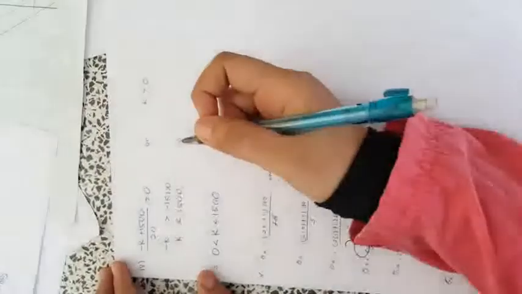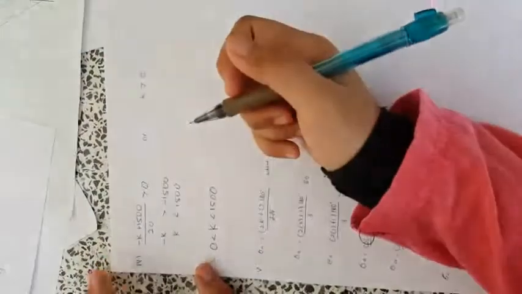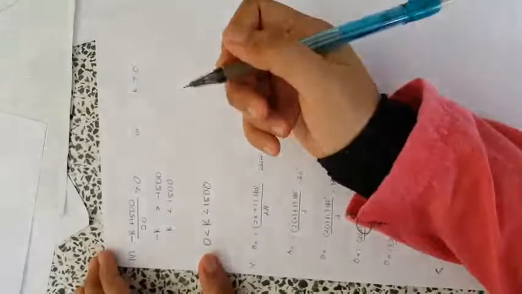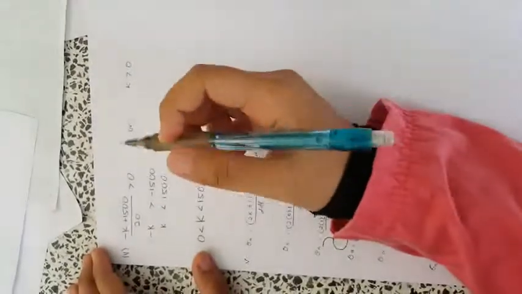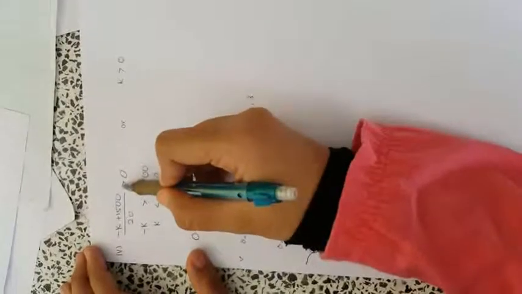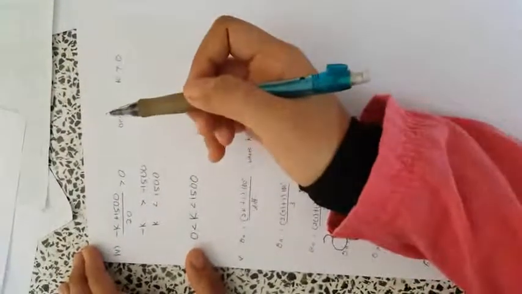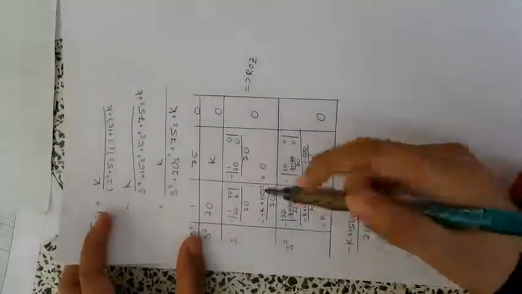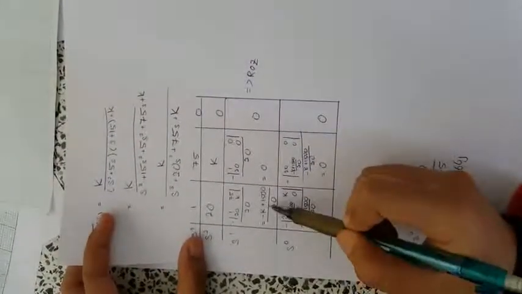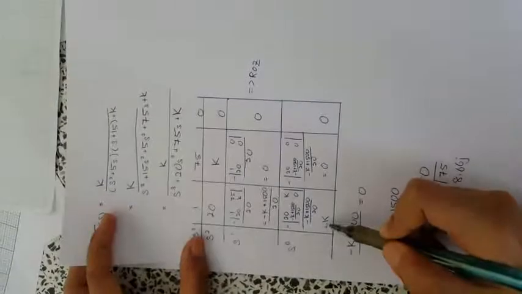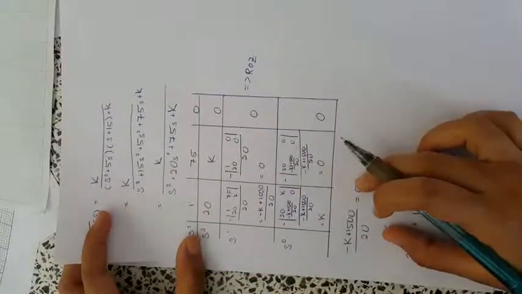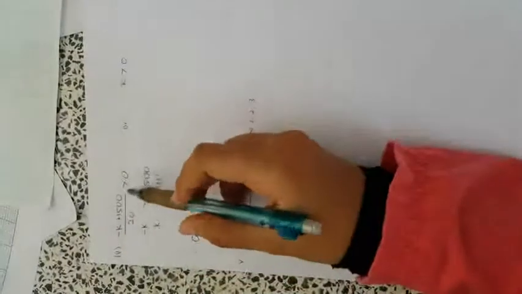Okay, for question number 4, which is to find the range of gain k to make the system stable, we know if our system is stable, we have it larger than 0. So for the Routh table, we have k here and then we have k here also at the first column. So at the first column, we make it larger than 0.